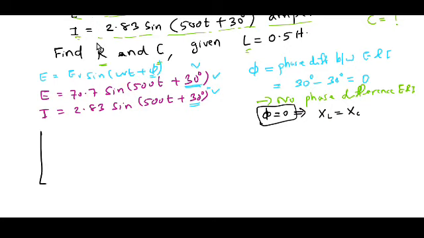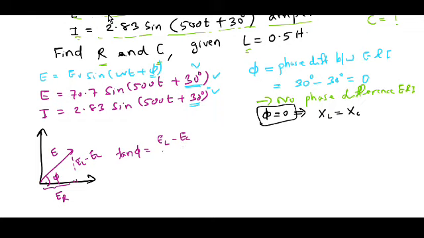If you remember the phasor diagram, this was our net voltage, this was EL minus EC, this was ER, and this is the angle phi. Then tan phi is equal to (EL minus EC) divided by ER.